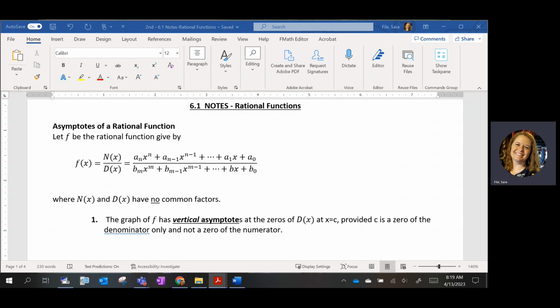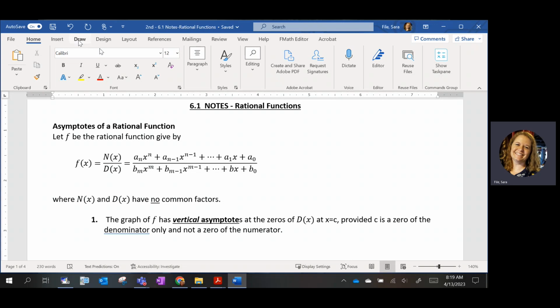But when your function is given in the format of one polynomial over another, okay, so that's what this format is. We're going to identify what all these different letters represent, what this means, because it looks pretty complicated, but we're going to break it down.